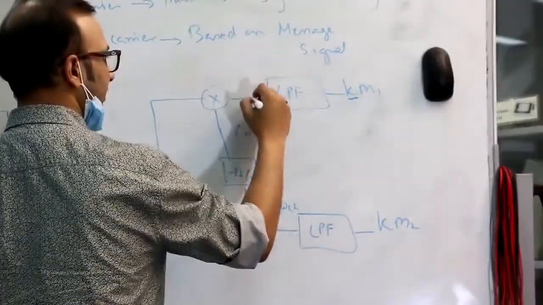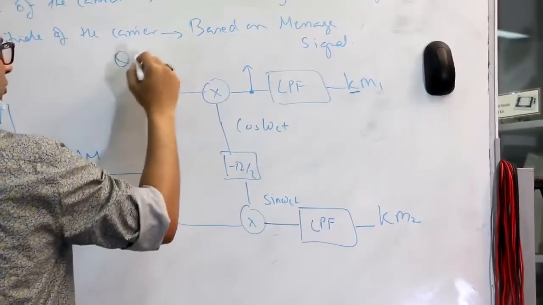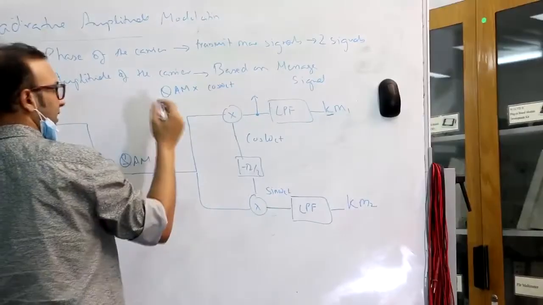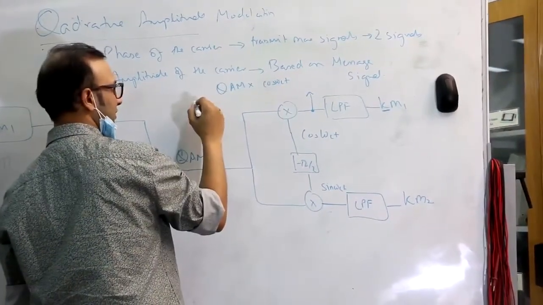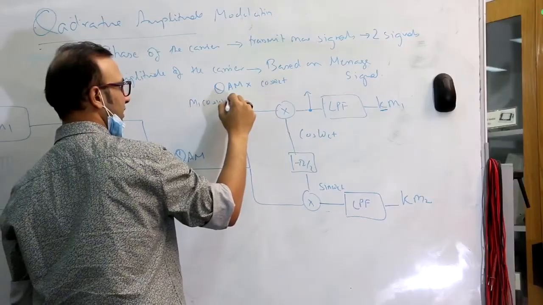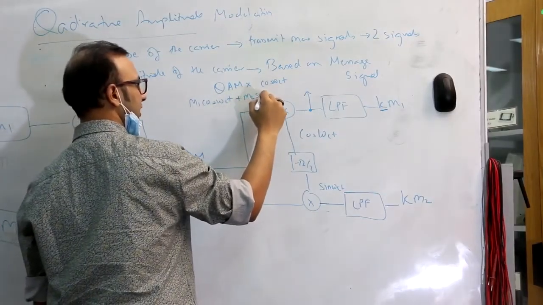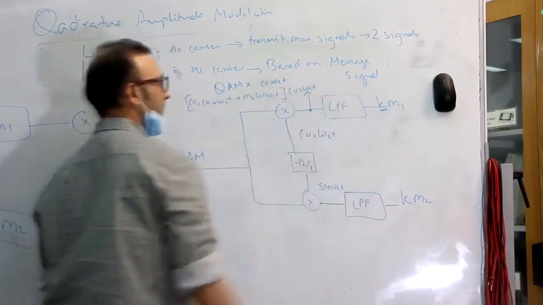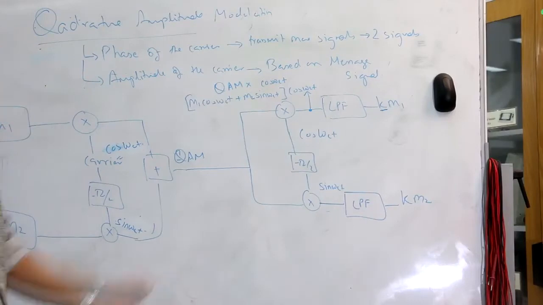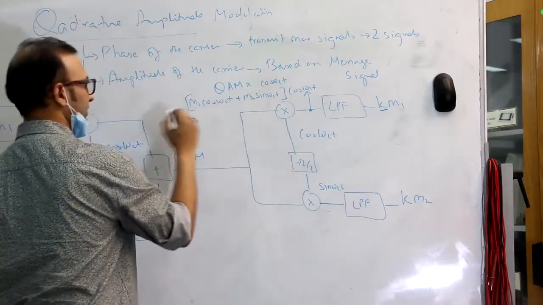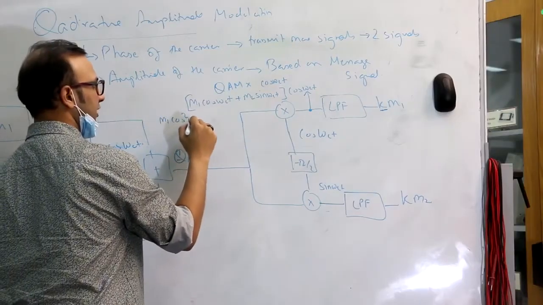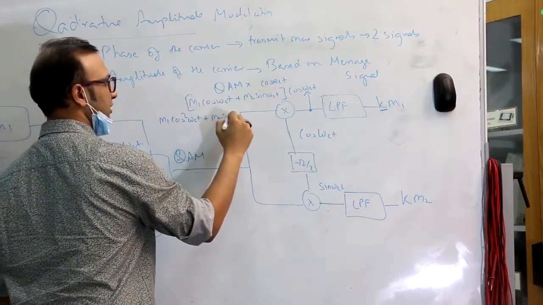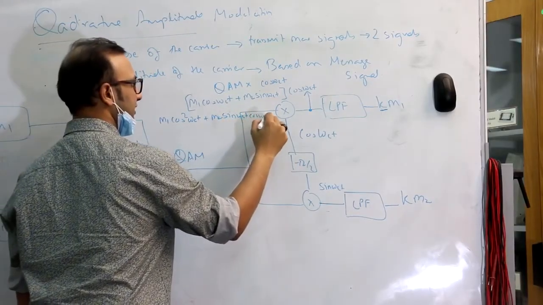At any point in time, for example here, if I need to know what my signal is, it's the QAM signal multiplied by cosine omega ct. We know the QAM is m1 cosine omega ct plus m2 sine omega ct, the whole multiplied with cosine omega ct. Obviously you will have m1 cosine square omega ct plus m2 sine omega ct cosine omega ct.